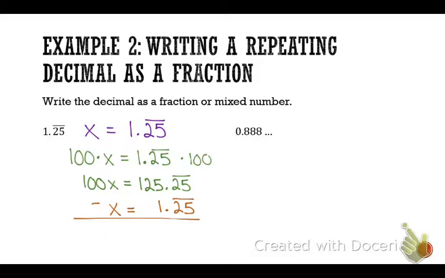What's 100 minus 1? 99. 99x equals, and now my repeating decimals cancel, which is what I needed. 124. And now last step, how would I get x by itself? Divide by 99. And I'm going to change that. Honestly, if you left it an improper fraction as long as it was reduced, I would be okay with that. But your book converts this back to a mixed number.